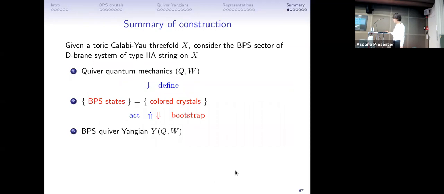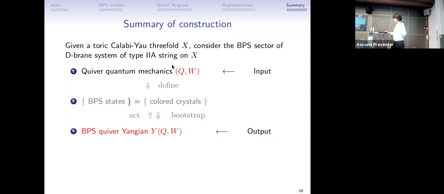Okay, so now I summarize. We consider type IIA on a generic toric Calabi-Yau, and we look at the BPS sectors. The BPS states are described by the set of colored crystals, and from the action of this algebra, we can bootstrap the algebra itself.